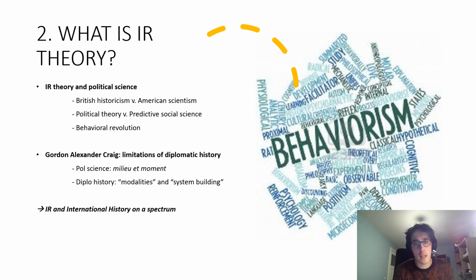One of them is the more classical British historicism versus the American scientism. It's the difference between political theory versus a predictive social science, where the British still today don't really talk about political science. They don't talk about IR theory.